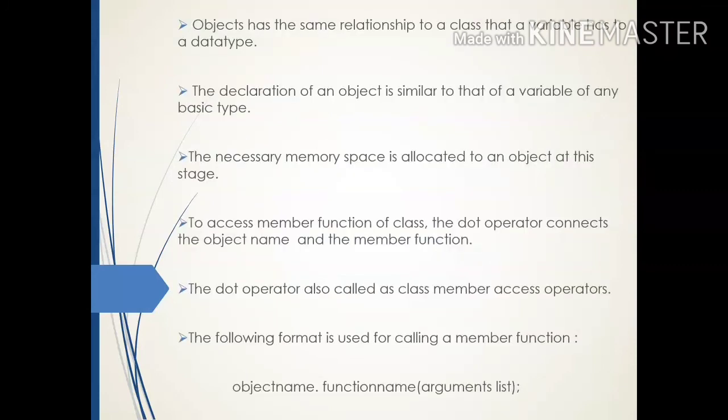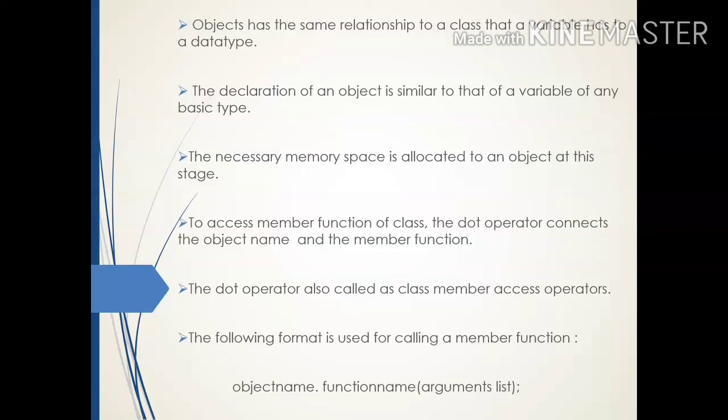Object has the same relationship to a class that a variable has to a data type. The declaration of an object is similar to that of a variable of any basic type. The necessary memory space is allocated to an object at this stage. To access member function of a class, the dot operator connects the object name and the member function.